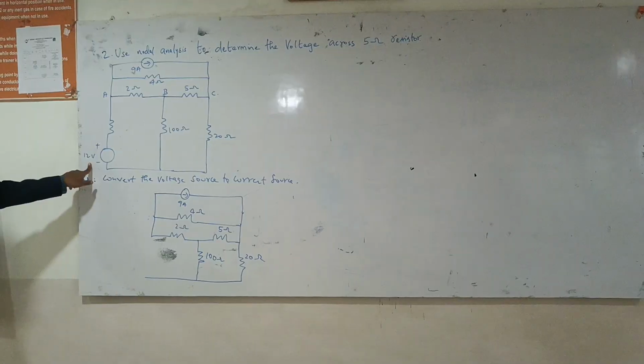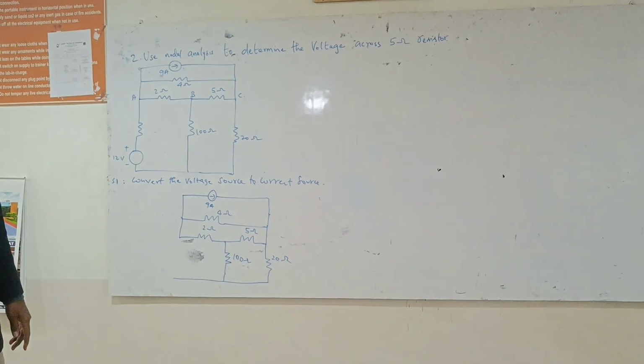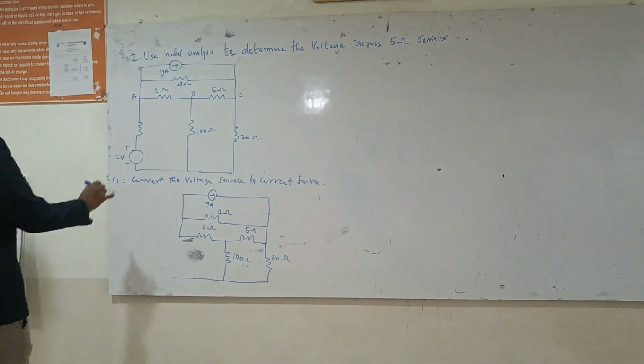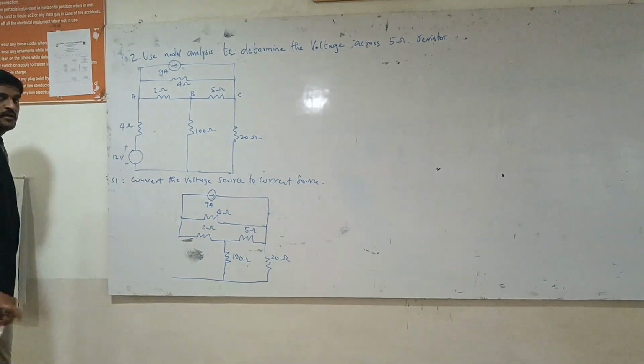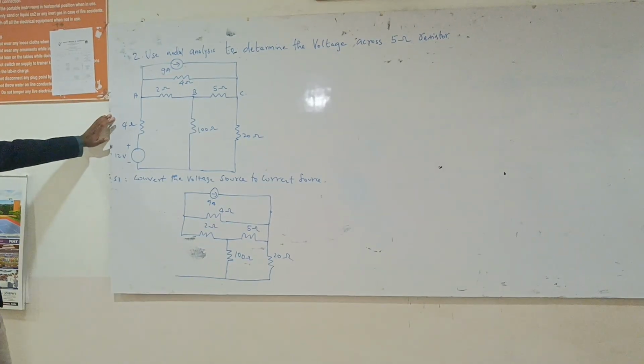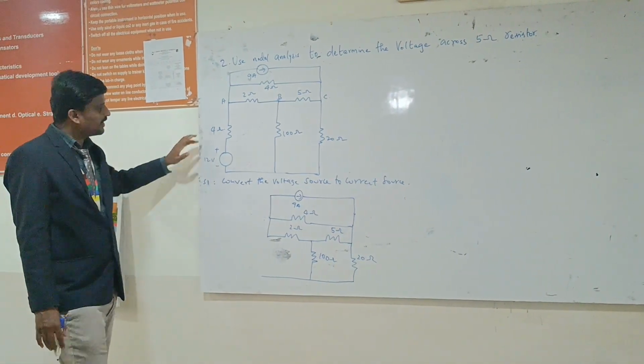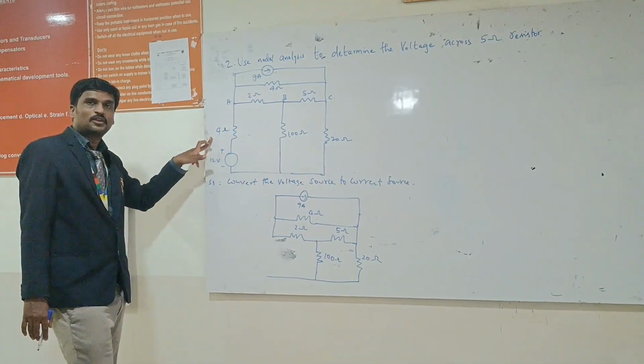So this voltage source has to be converted to the current source. The value for this resistor is 4 ohms. When we convert this voltage source to current source, we have to draw the current source in parallel with the resistor. The total voltage given here is 12, and the resistance value is 4.